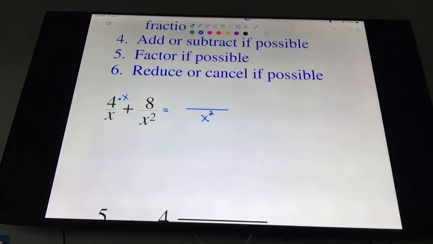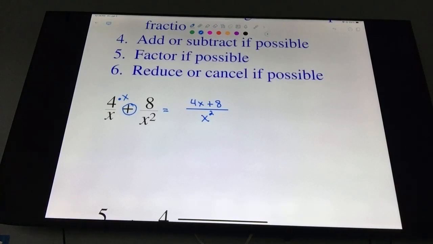So then I do my multiplication. I take my 4 times x, 4x, bring over my sign, plus, and then bring over my 8. And then in order, I do the steps: add, factor, reduce. So 4x plus 8 cannot be added.